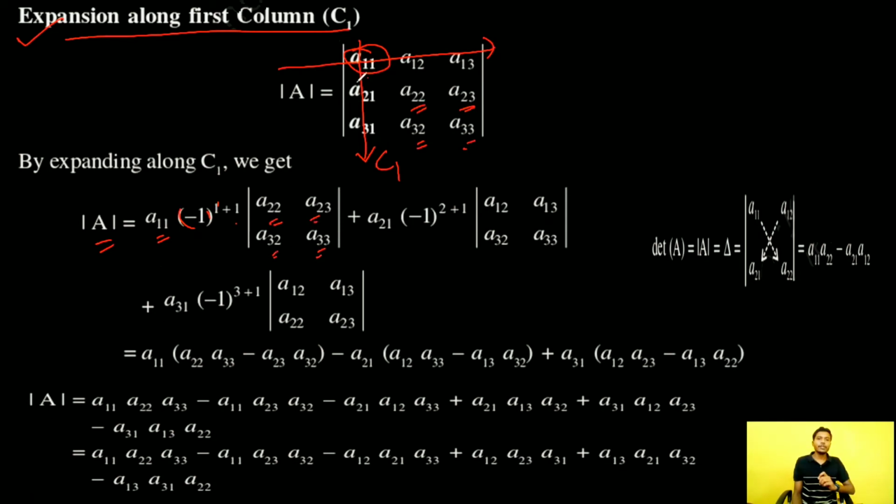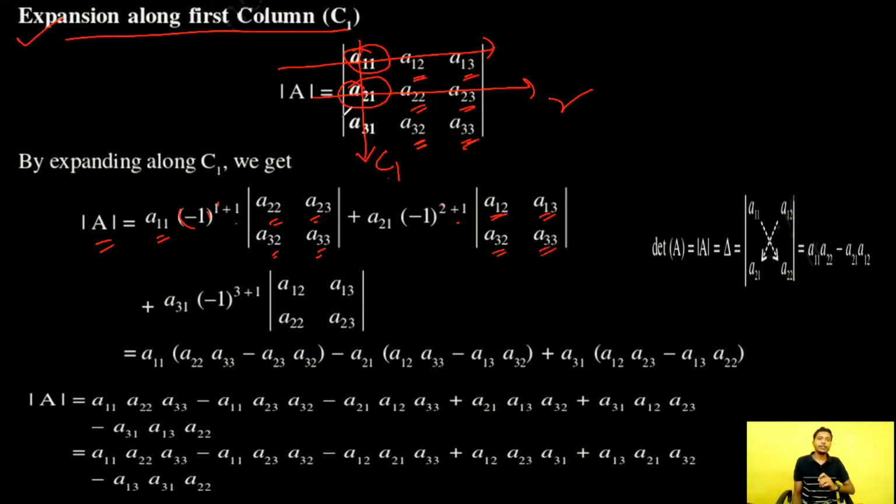And for this second element, our row number is 2 and column number is 1, so minus 1 to the power 2 plus 1, and the remaining determinant of order 2 will be, if we leave the first column and second row, the remaining elements a12, a13 and a32 and a33.